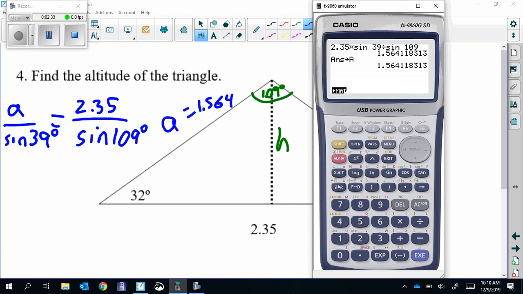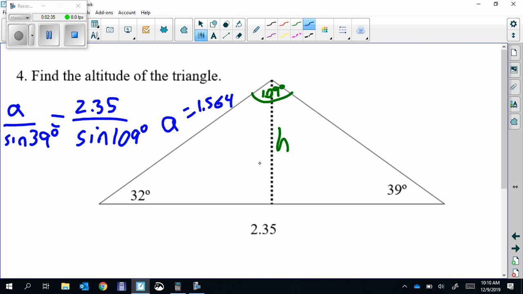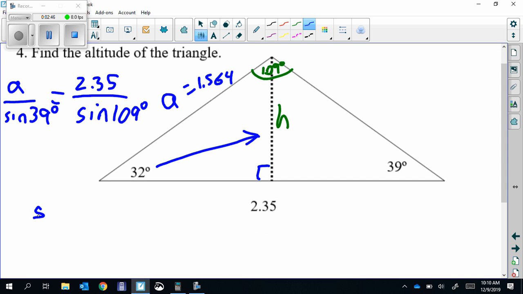So now to find H, that's the opposite side in this right triangle on the left. We know the hypotenuse, we know this side is 32. We need to find the opposite side here. So that's a sine: sine 32 equals opposite, which I'm calling H for the height, over hypotenuse, 1.564.